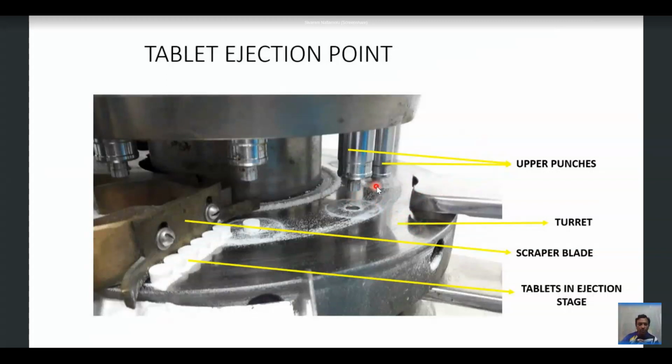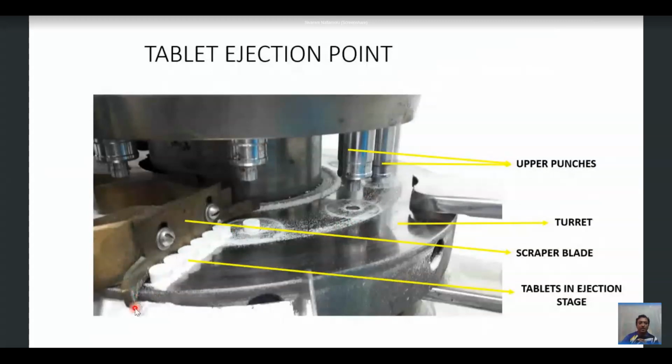Compression takes place here, and the tablet has been ejected out of the die. Can you see how the tablet is on the punch tip and about to emerge out of the die? The tablets emerge one after the other in a serial manner. In this picture you can see exactly the compression, ejection, and tablets emerging out of the machine.